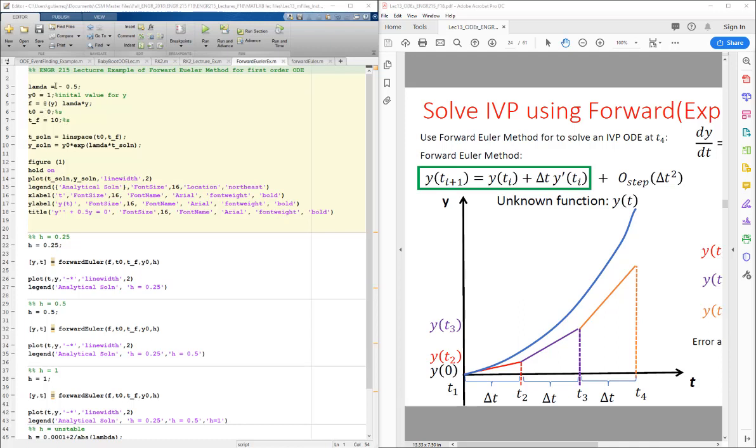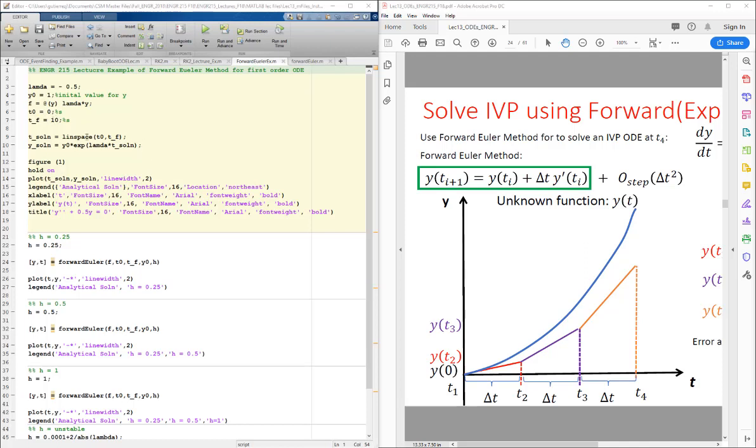Here I have lambda equal to negative 0.5. Our initial value, since this is an initial value problem for y, will be 1. The function handle for this ordinary differential equation is lambda times y, that's our model equation. Our initial time we'll set to 0, and the final time is 10 seconds.